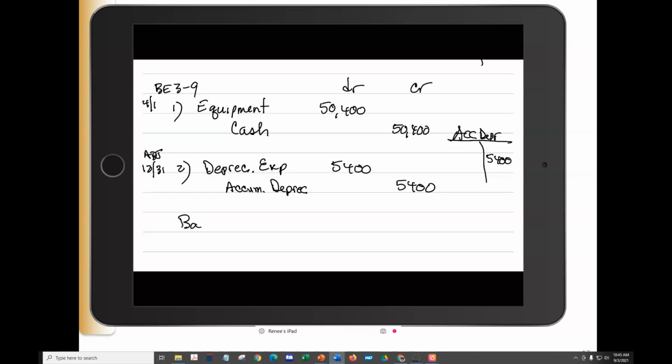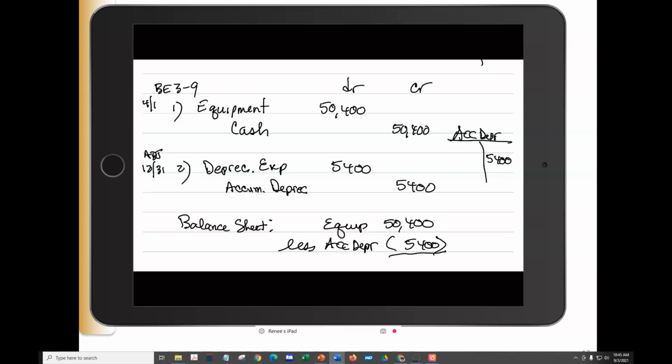So on the balance sheet, it would look like this. It would say equipment, $50,400 less accumulated depreciation of $5,400. So at any given time on the balance sheet, you can tell how much of that equipment they have not expensed yet.